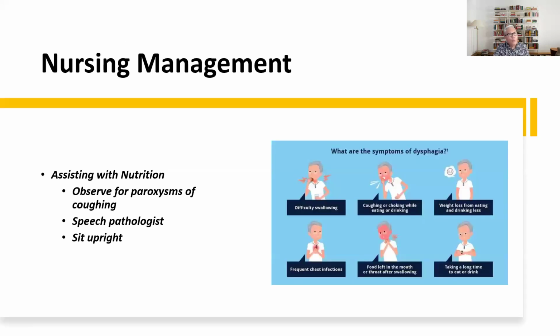All right, so what other nursing management is going to be important in these patients? Well, nutrition, nutrition, nutrition. We have to make sure that we assist the patient in maintaining their nutritional state, particularly observing the patient for paroxysms of coughing, or sometimes dribbling of the food or pooling of food on one side of the mouth.